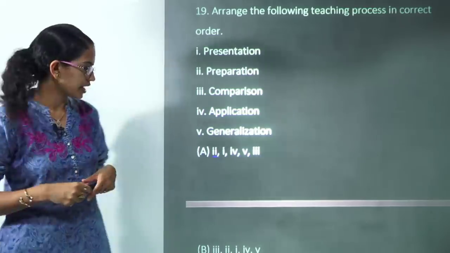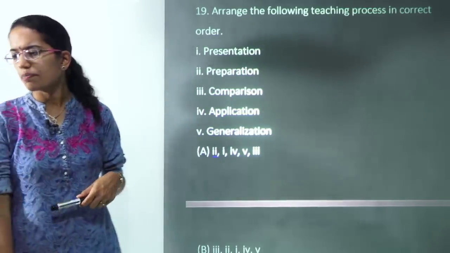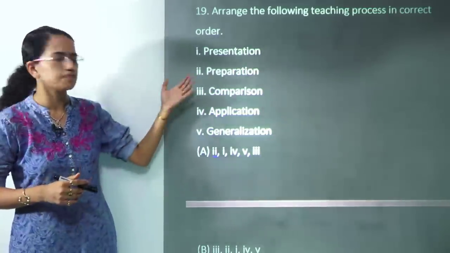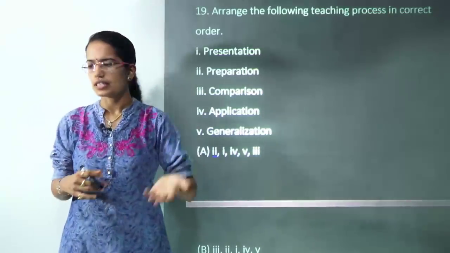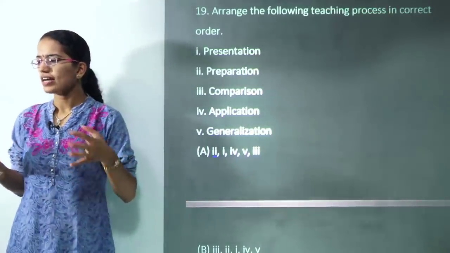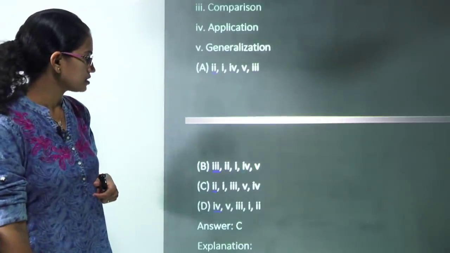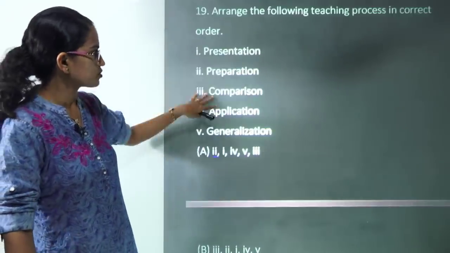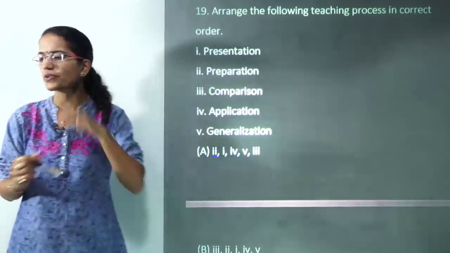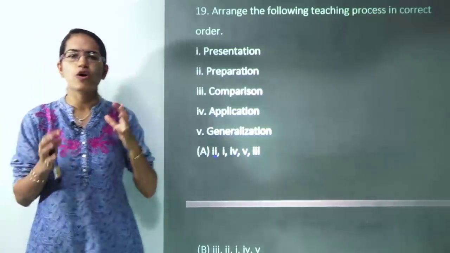Okay, so here you have the first stage would be preparation. After the preparation, you would present the concept, you would bring in a comparison. I understand all the options are not visible, so you can just stay on this, I'm just explaining it. So first of all, you would prepare.